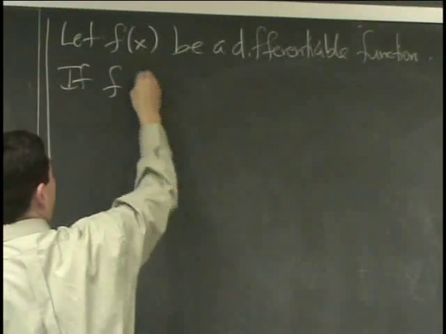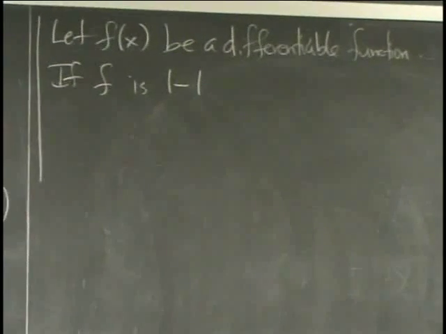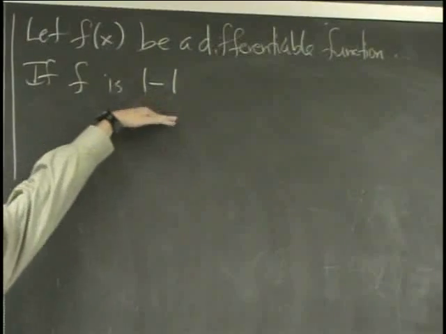If f is 1 to 1, right? So if you can't find 2 different points which go to the same point under the function, we say that the function is 1 to 1.